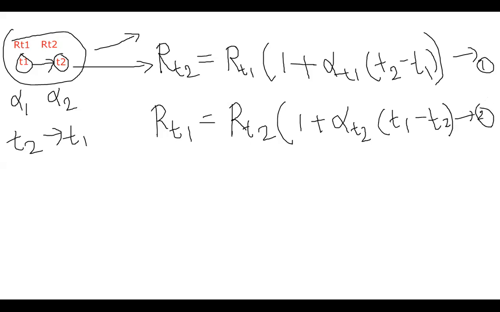This is just an example I am giving here. See, this alpha value is the temperature coefficient. This is alpha T1, this is alpha T2.